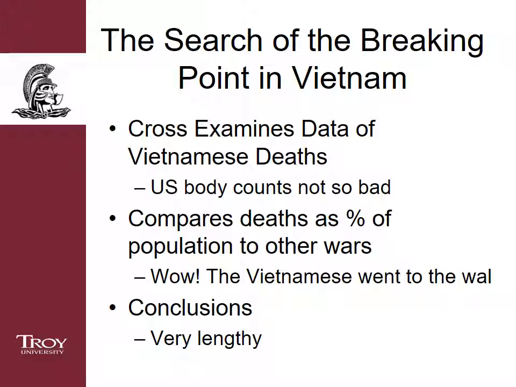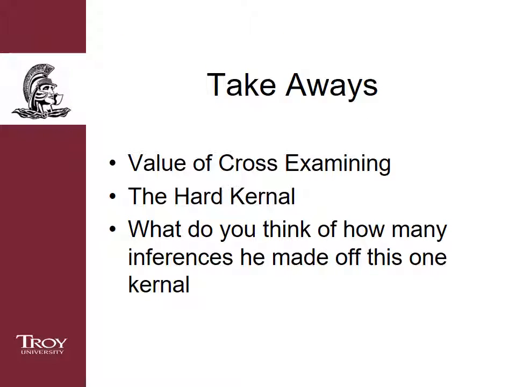But this is what I think is interesting. This is a paper where we measure one variable, we compare it, and he says a lot of interesting things. So the takeaway from that first article is the value of cross-examining the data, and again, John questions what people know.